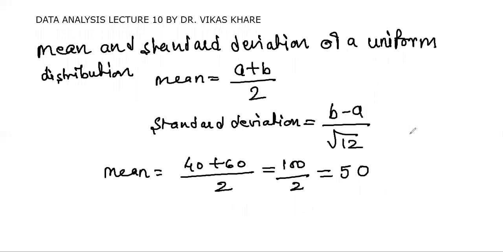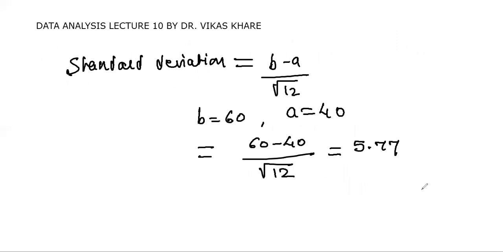Then for the mean and standard deviation of a uniform distribution, mean is equal to a plus b upon 2 and standard deviation is b minus a upon root 12. With a equal to 40 and b equal to 60, 100 upon 2 is equal to 50, and for the standard deviation, 60 minus 40 divided by root 12 is equal to 5.77.